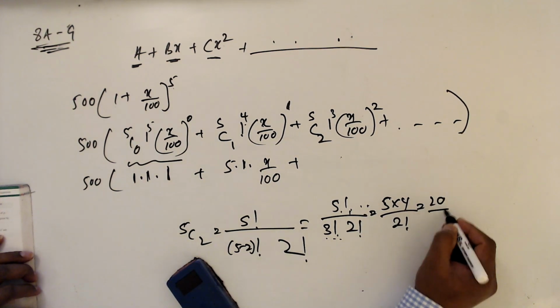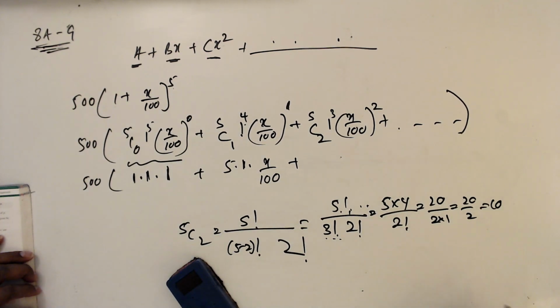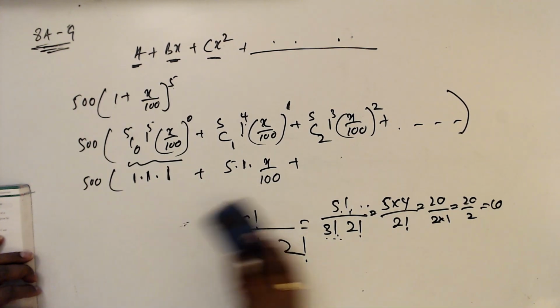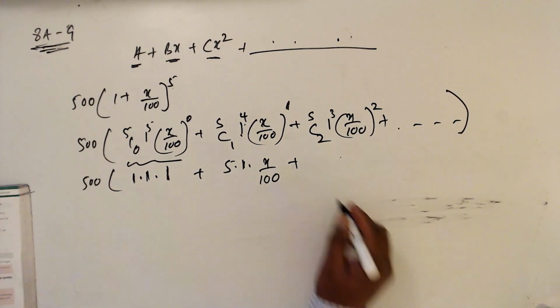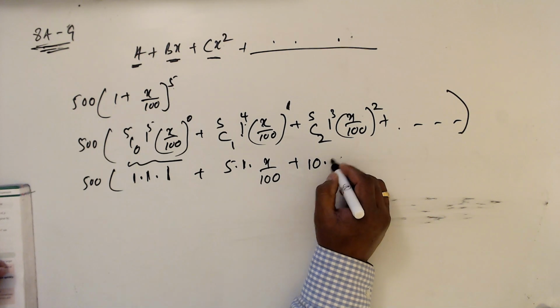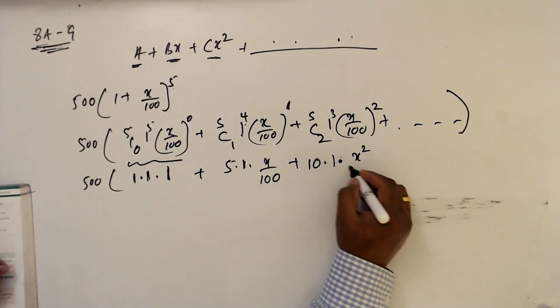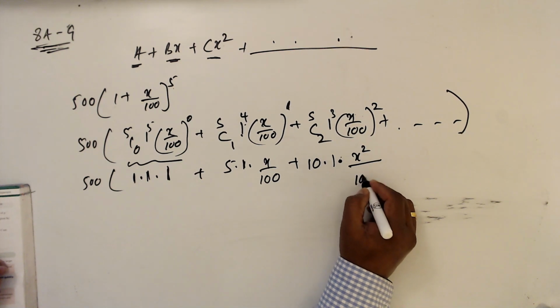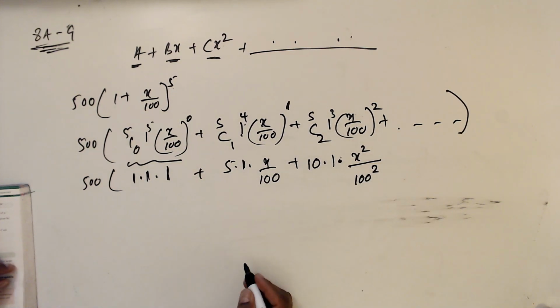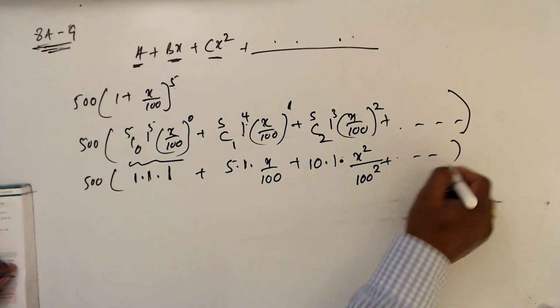So 20 divided by 2 times 1. 20 divided by 2 is 10. So this value is 10 and this 1 to the power 3 is 1. This is going to be x square over 100 square, plus dot dot dot.